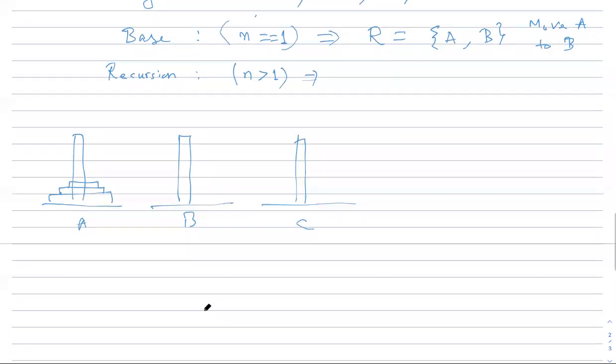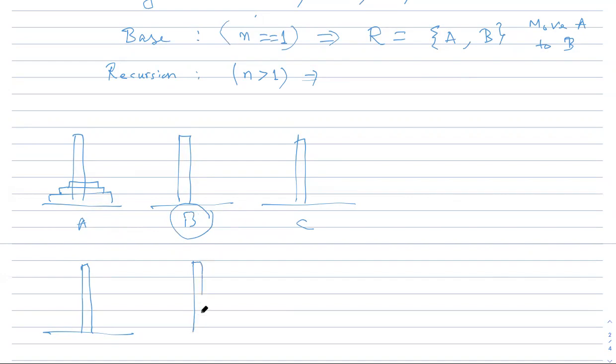What is the configuration that you would like to see just before you solve the problem? What would be an ideal configuration? After all, you want to reach here. All the disks have to reach here.